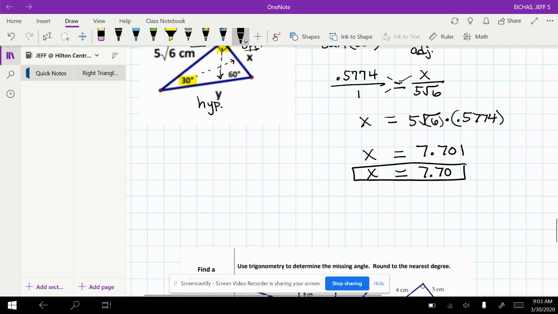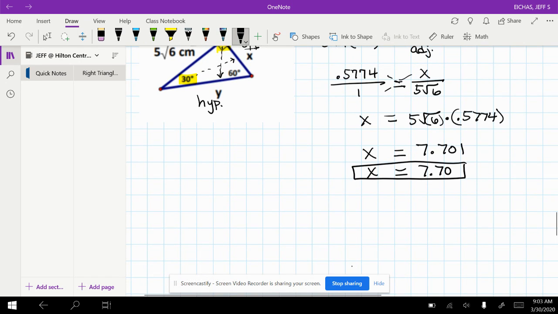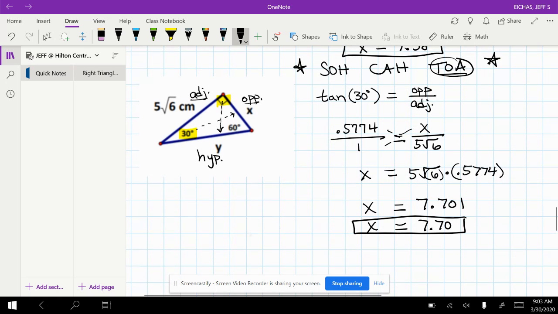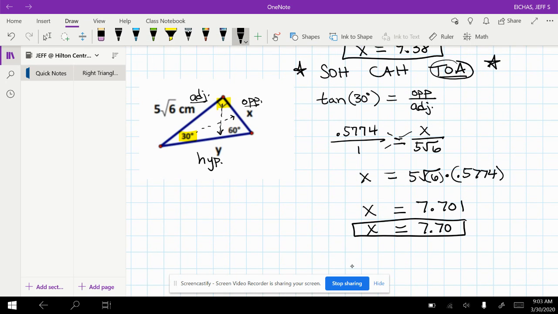Let's get y. We'll just try to squeeze it in here. Okay, so we're going to use now, I'm probably going to go with cosine of the 30-degree angle because, here, we'll write it out quick.